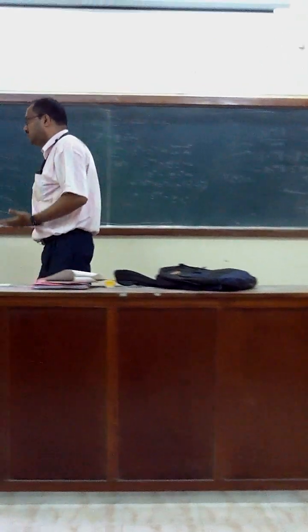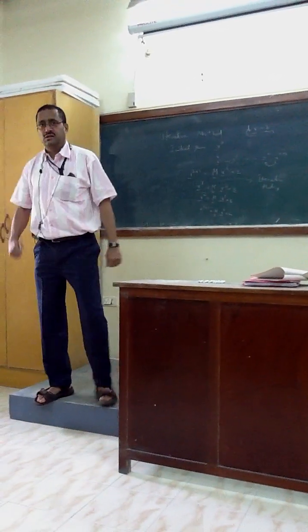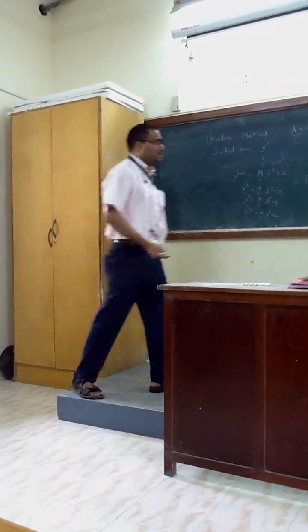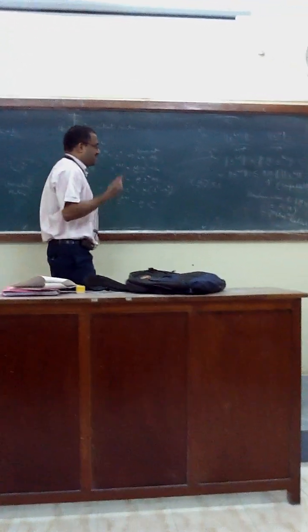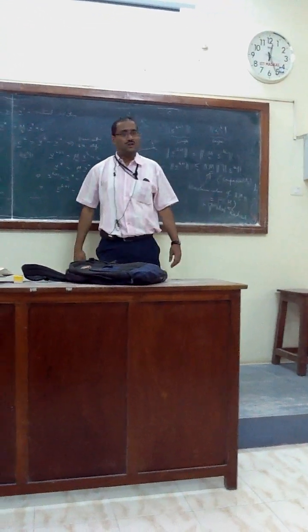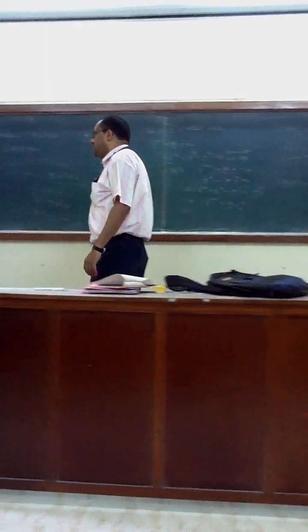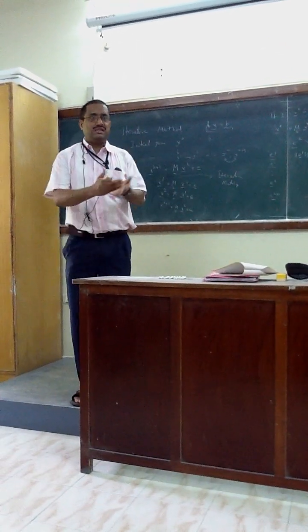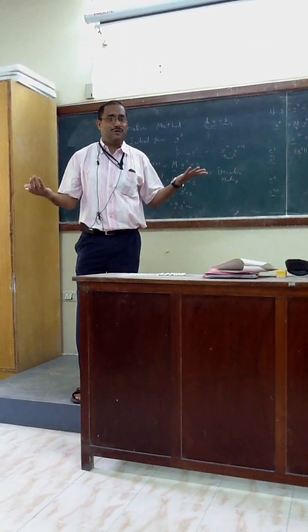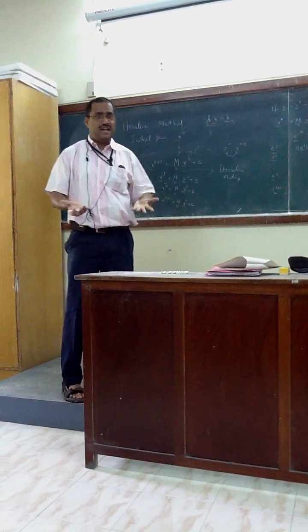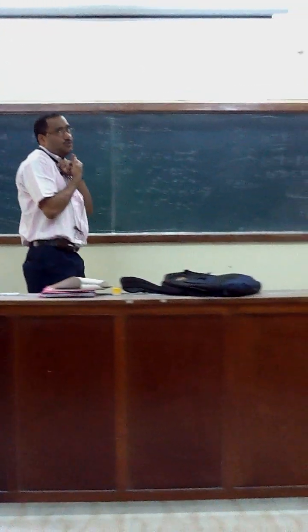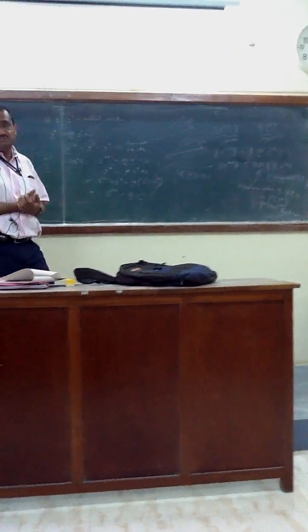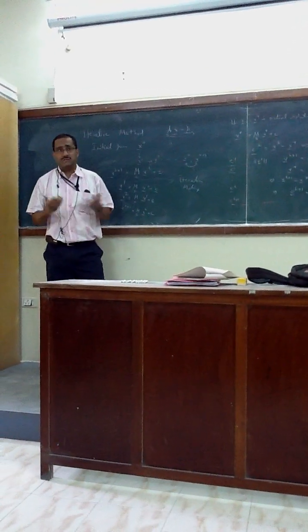So whatever method we derive, Gauss Jacobi, Gauss Seidel, we have to see that the spectral radius of the iteration matrix must be less than 1. And how to calculate it? The best thing is to calculate the maximum value of lambda.